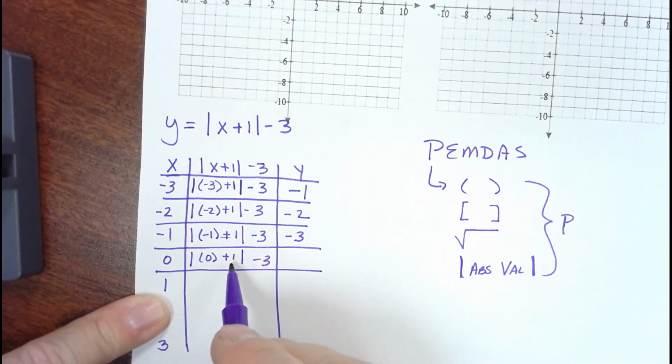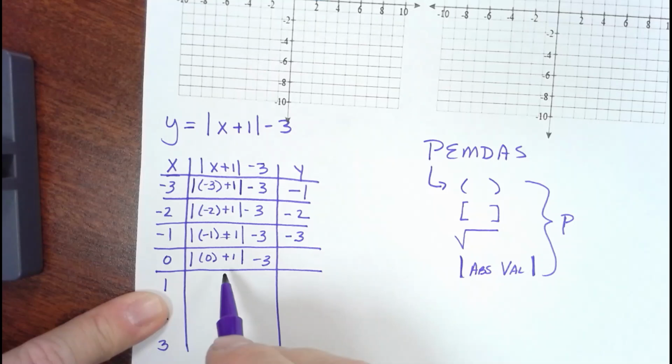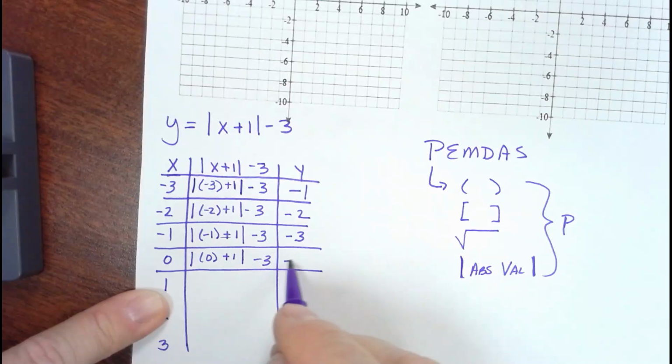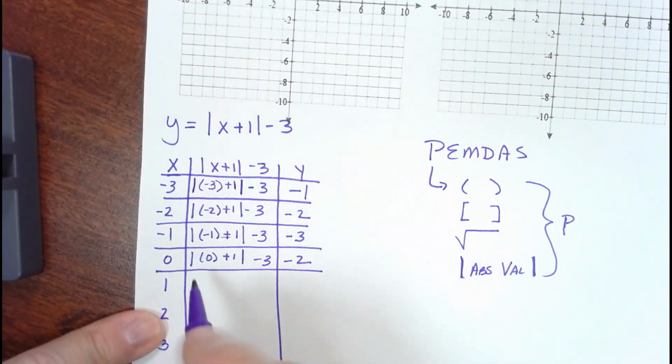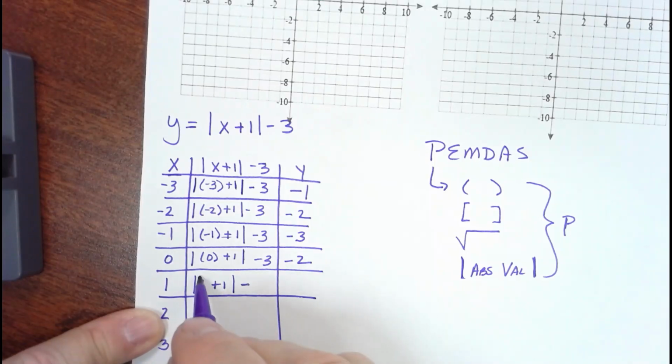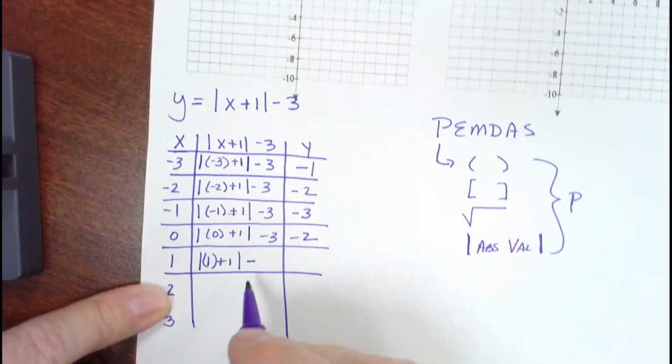Zero plus 1 is 1. Absolute value of 1 is 1, minus 3 is a negative 2. 1 plus 1 is 2. Substituting using parentheses always.